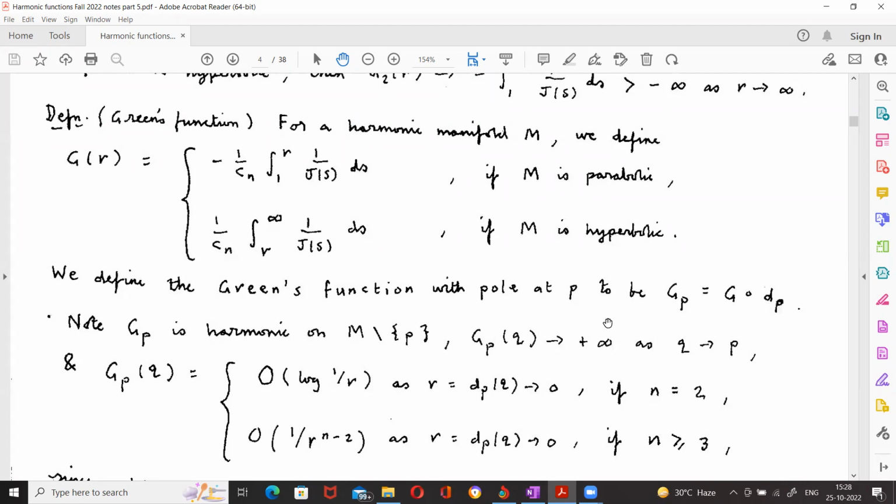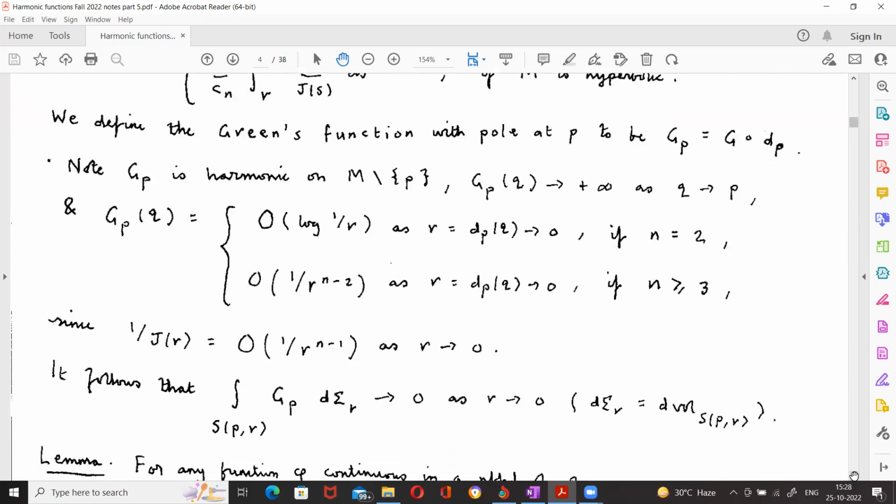Okay. So note that GP is harmonic on M minus P. GP tends to plus infinity as Q tends to P. And the behavior as Q tends to P is like big O of log 1 over R if n equals 2, and big O of 1 over R to the n minus 2 if n is greater than or equal to 3. So what is the importance of this behavior near the pole?